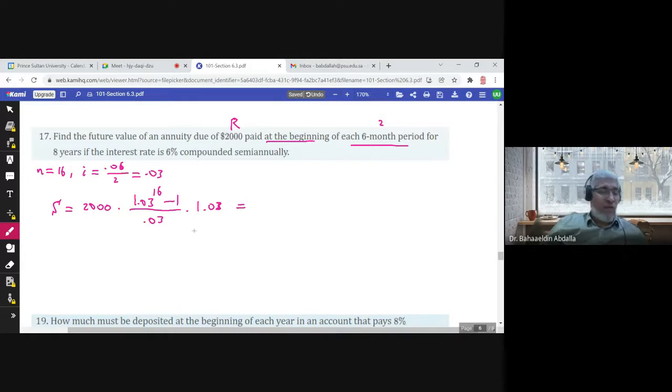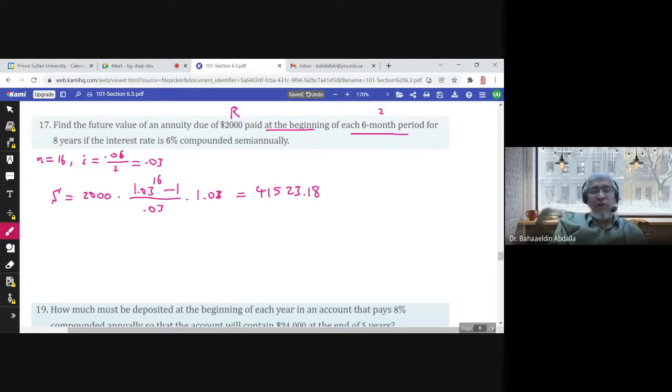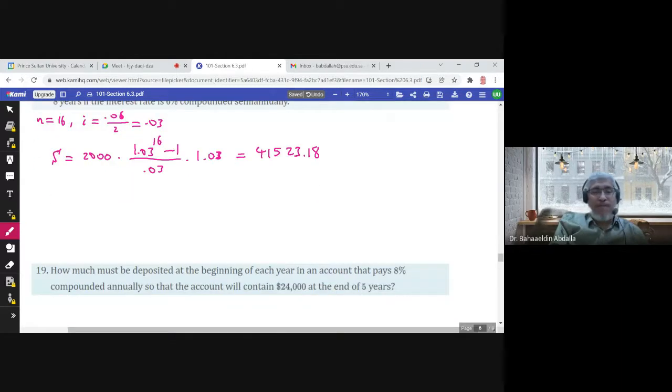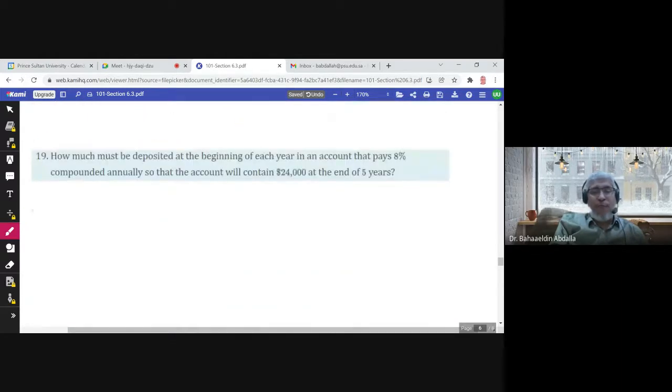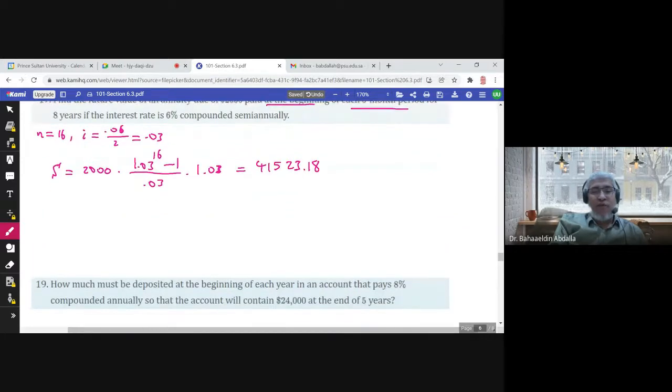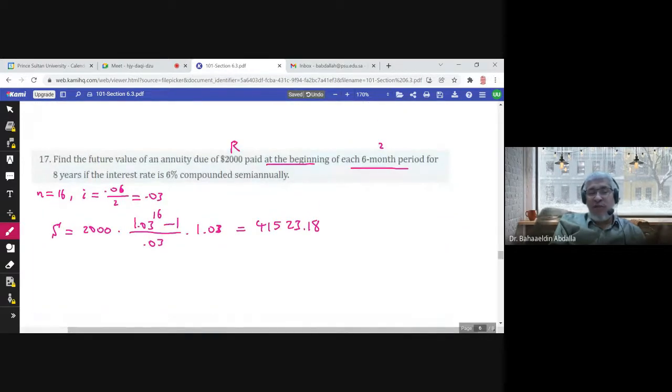And if you put this in the calculator, you will get 41,523.18. So about $41,523. Of course, you can always check your answer approximately.